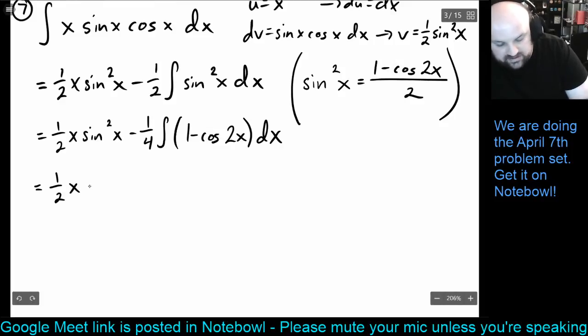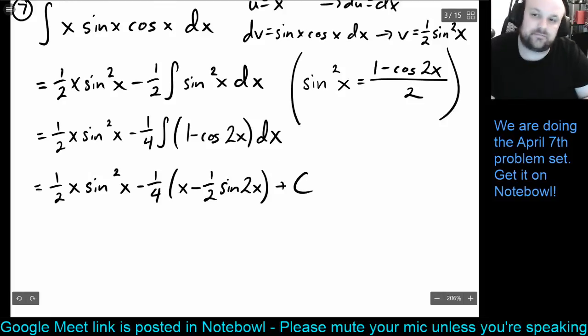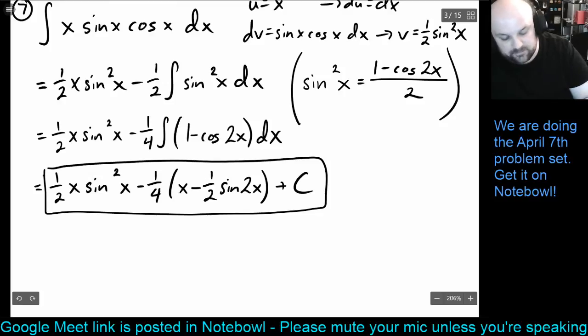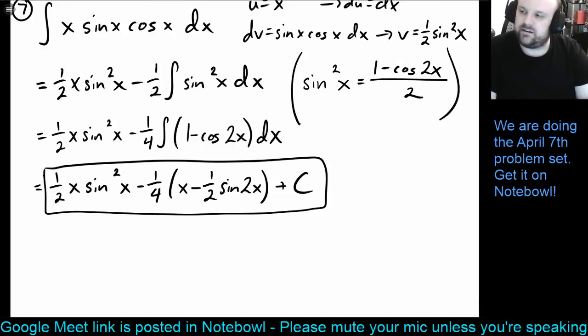We have 1/2 x sine squared x minus 1/4 times the integral, we have x minus 1/2 sine of 2x plus c. Right, and we can multiply out that 1/4. There's really not much point in doing it at this point, so we'll leave it like this. All right. Any questions at all about that one?